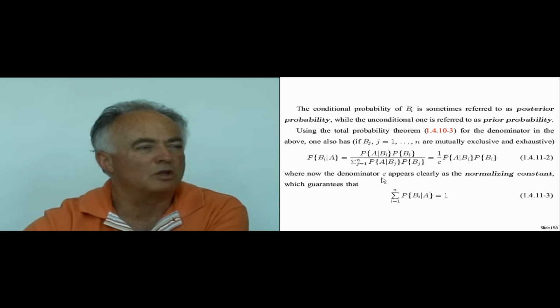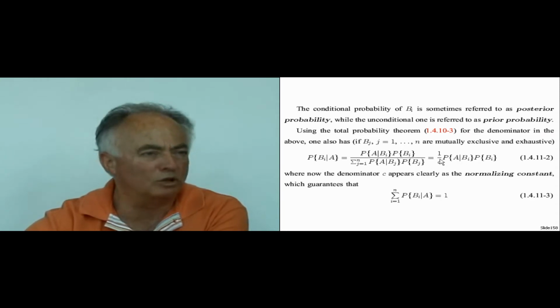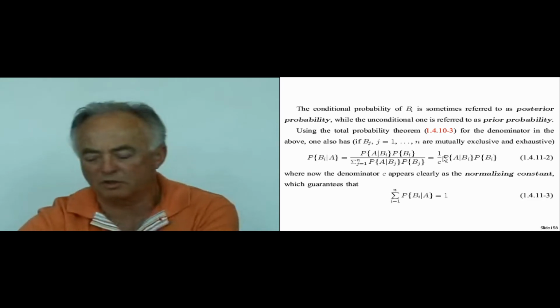So the denominator appears as nothing but a normalizing constant, which guarantees that if you sum over all the i, from 1 to n, the P of Bi given A, you get 1. So this is clearly a normalization constant here.